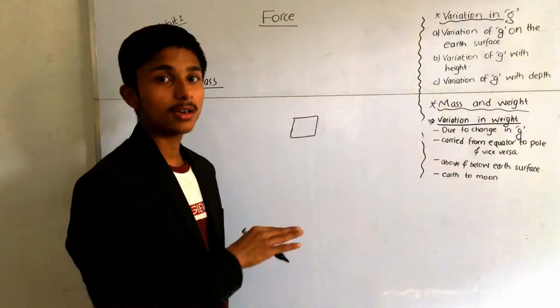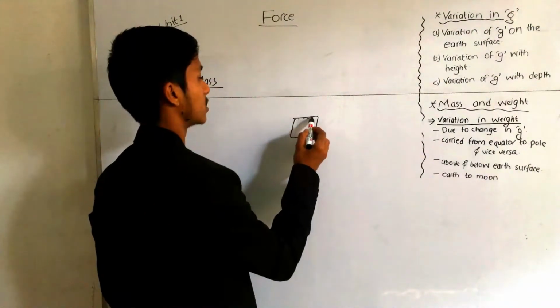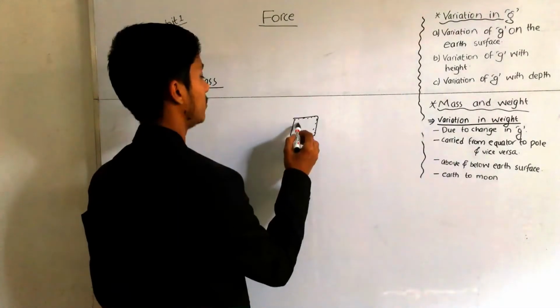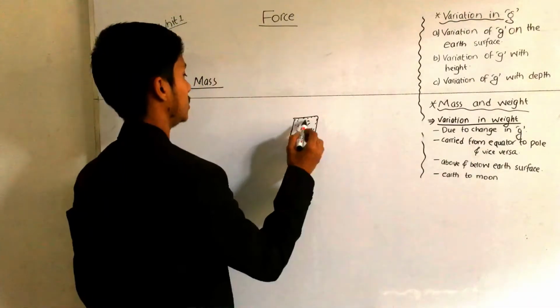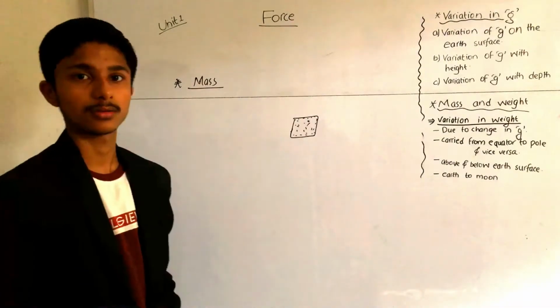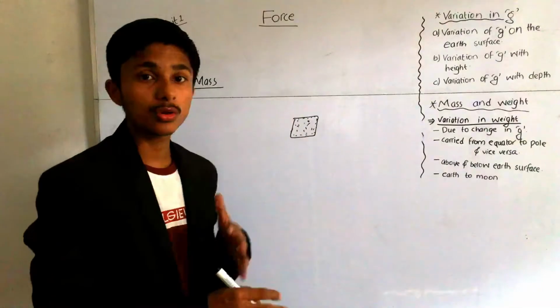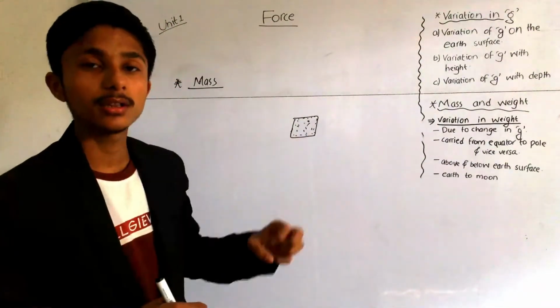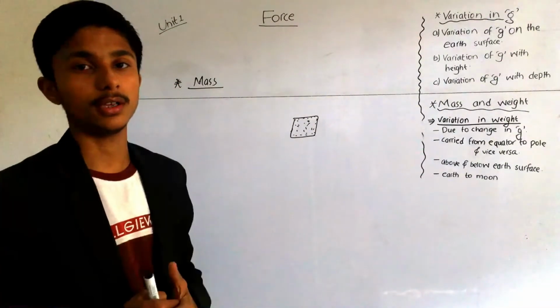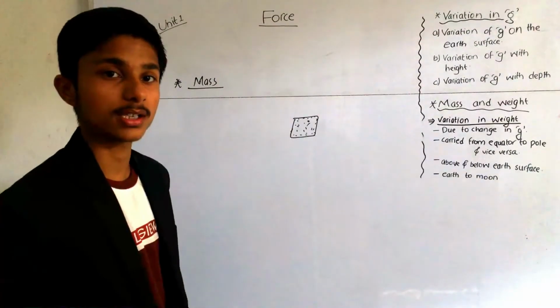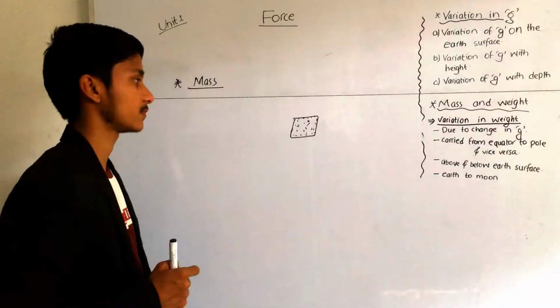Then the matter contained in the body, it means the molecules. The mass of the molecules will be the mass of this object. It means the mass is the total amount of matter contained in any object or body.